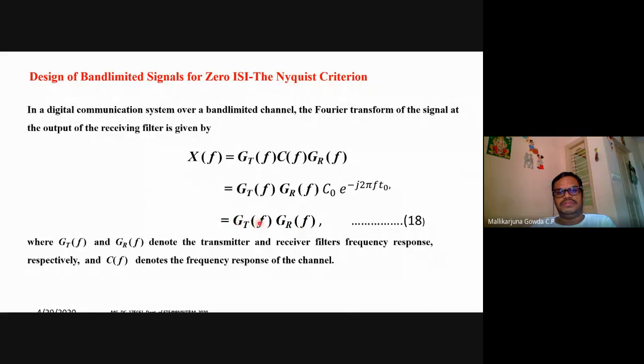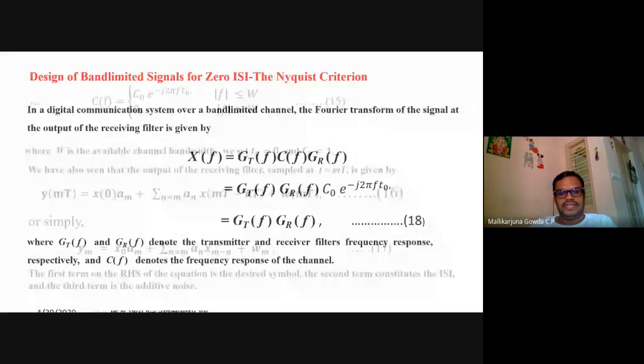So what are G_T(f) and G_R(f)? These are the frequency responses of the transmitting and receiving filters. This I already defined, right? I said what C(f) is, and this is the expression I wrote yesterday as the output of the receiving filter, which is sampled at t equal to mT, right?